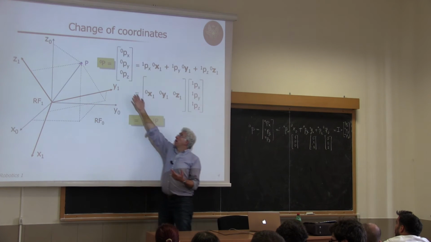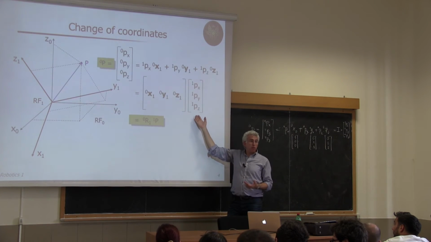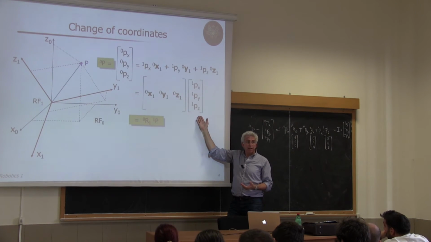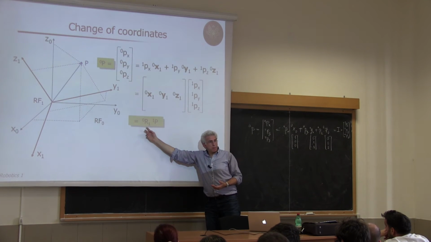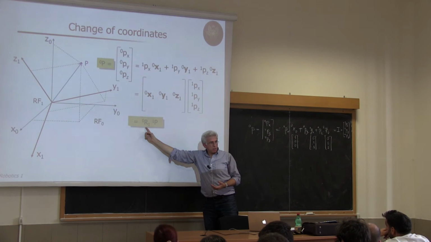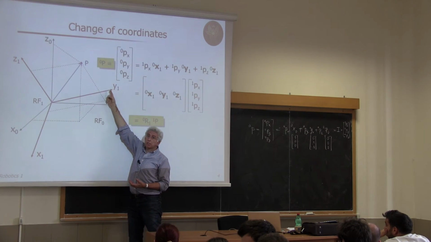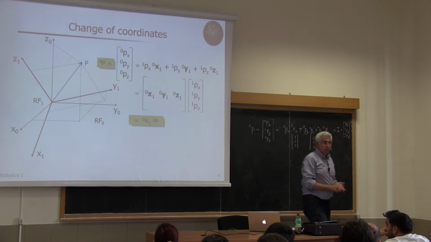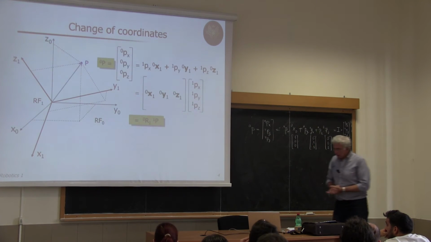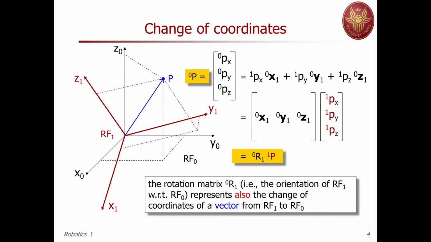If you know these 3 numbers and you would like to know the expression of the same vector in frame 1, you have to isolate P1. How do you do this? By pre-multiplying by the inverse of R01. So you have P1 isolated, and you get R01 transpose times P0, because the inverse is the transpose of this matrix. So let's do one example of application of this.